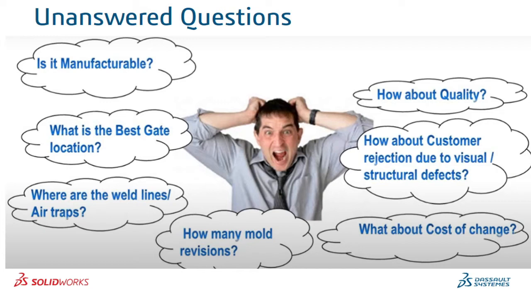It has rarely happened that the mold is manufactured and the part that comes out is all okay. There may be one or two revisions, correct? And how about the quality, surface finish, rejection rates, and finally the cost? So these are a few questions whenever you design a product.